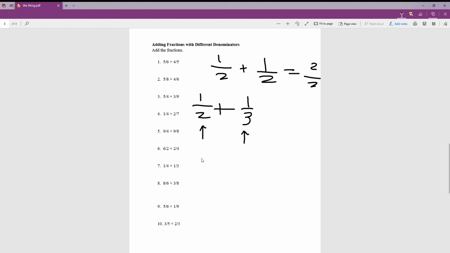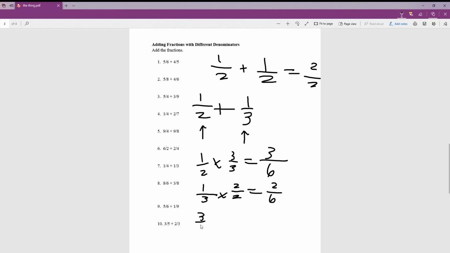So if I go 1 over 2 times 3 over 3, equal to 3 over 6, and I take 1 over 3 times 2 over 2, equal to 2 over 6.